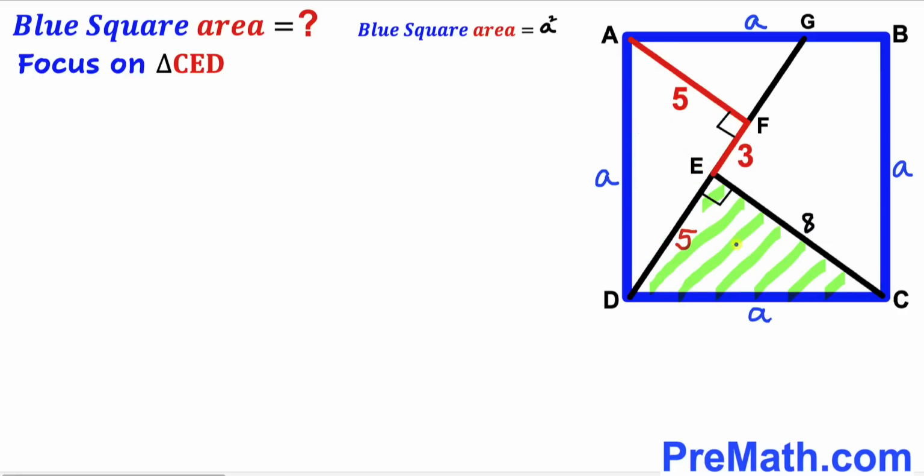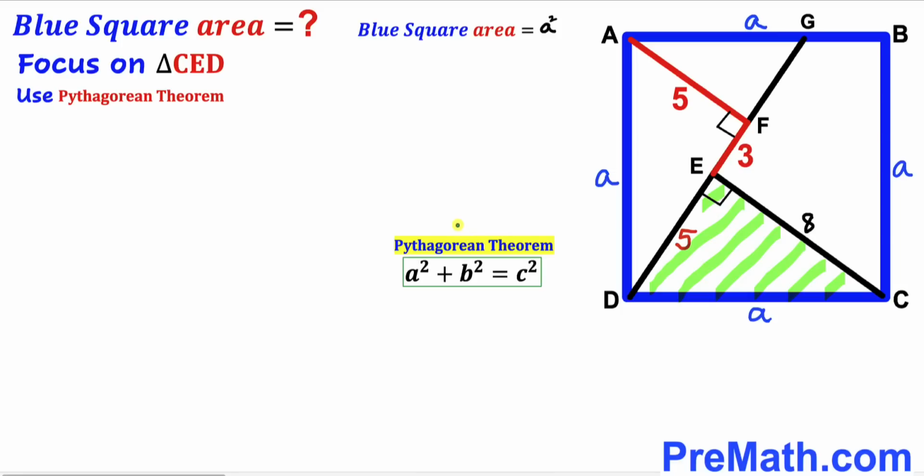And here's our next step. Let's focus on this right triangle CED, and we are going to use the Pythagorean theorem on this triangle. Here's our Pythagorean theorem: a squared plus b squared equals c squared. In our case, this side is the hypotenuse, and these are our two legs.